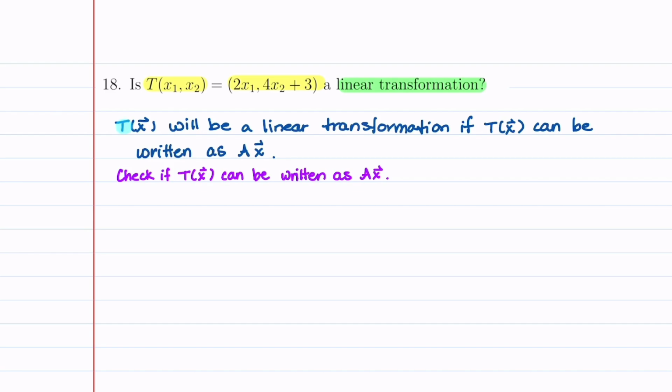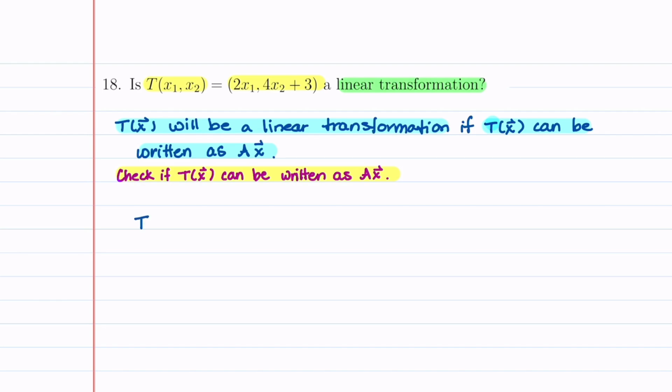T of x will be a linear transformation if T of x can be written as a matrix A times a vector X. So what we're going to do to solve this problem is check if T of X can be written as A times X. It's going to be really helpful if we start by taking our transformation and writing it as a vector. So let's go ahead and do that.